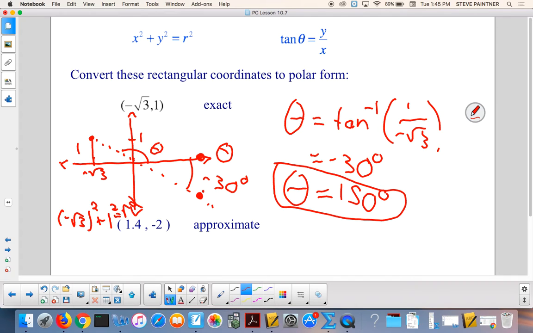Negative root 3 squared, 3 plus 1 is equal to r squared. What's your radius? 2. So the coordinates of our point would be 2, 150 degrees.